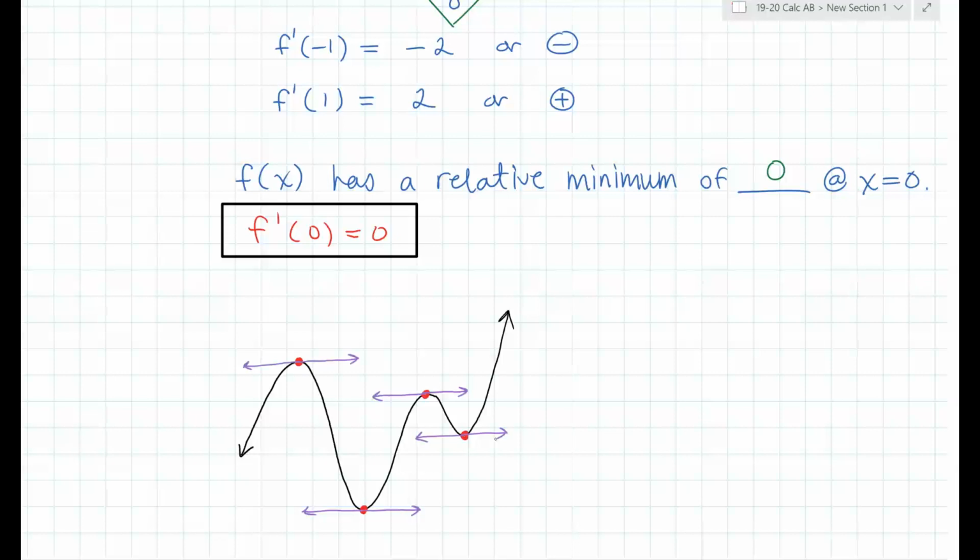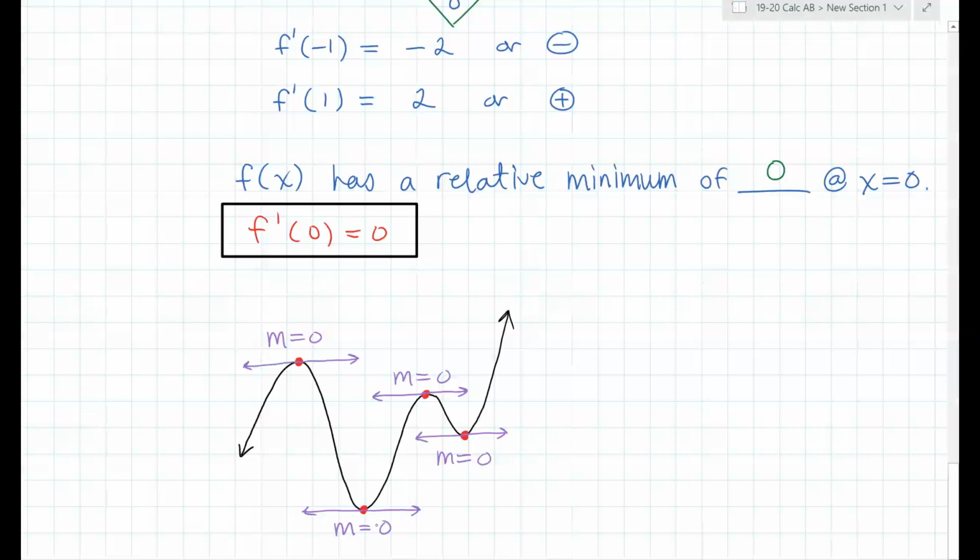Because it's not going up or down anymore. It's plateaued. It's gone as high as it could or as low as it could, right? So it makes sense that for every single derivative at its extrema, the slope would be 0. Okay, does that make sense? The slope at every extrema, relative extrema, shall I say, is always 0.